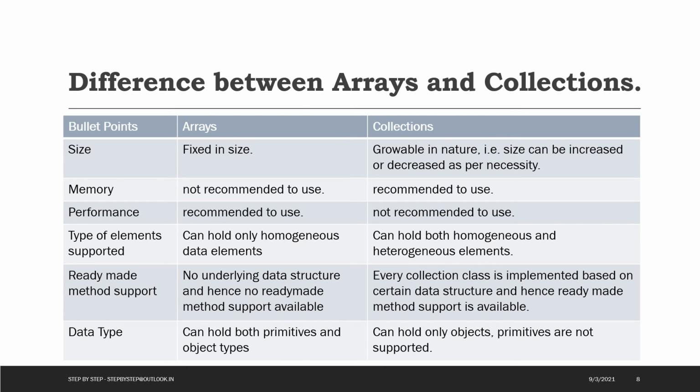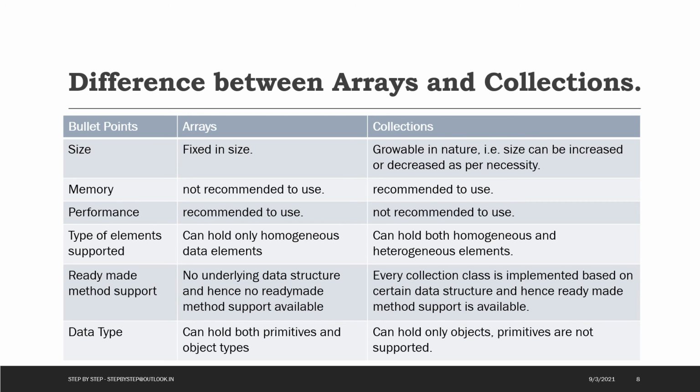Then let's understand the memory. Memory wise, arrays are not at all recommended to use, and collections are recommended to use. Let's take an example of students. If you have created an array of 500 students, that means you're blocking 500 spaces for student objects.